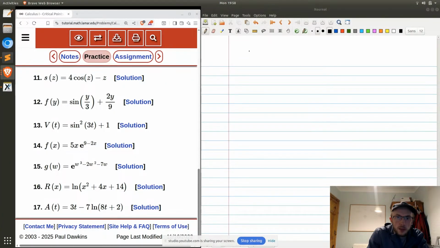Now, problem 14. F of x equals 5x all times e to the 9 minus 2x, and we've got to find the critical points of this. So it's product, so, product rule.